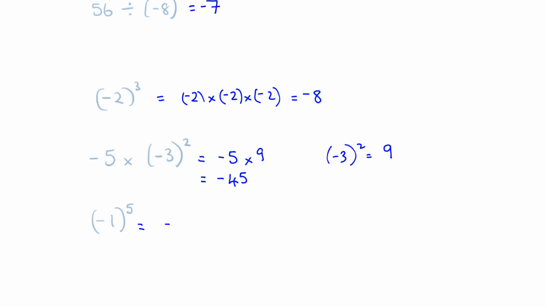So -1 to the power 5. So we know that 1 times whatever amount of ones you like is going to give you 1. So we just need to work out if it's positive or negative. So it starts off negative, that switches it to a positive. That switches it to negative, that switches it to positive, that switches it to negative.